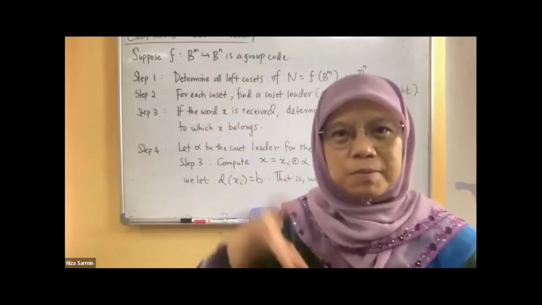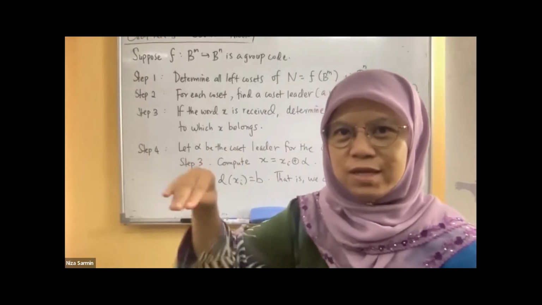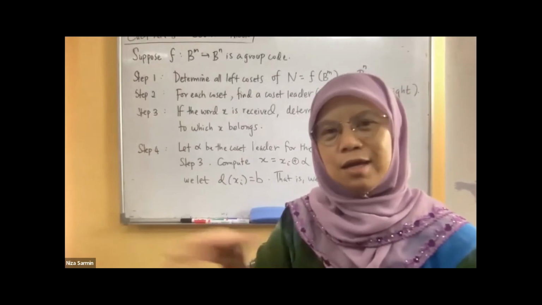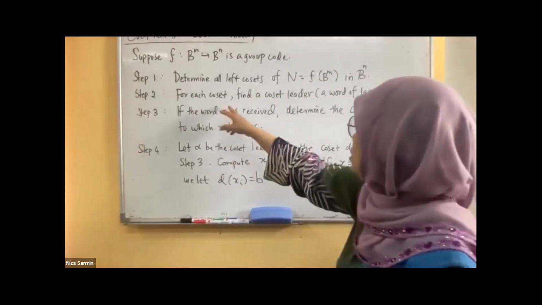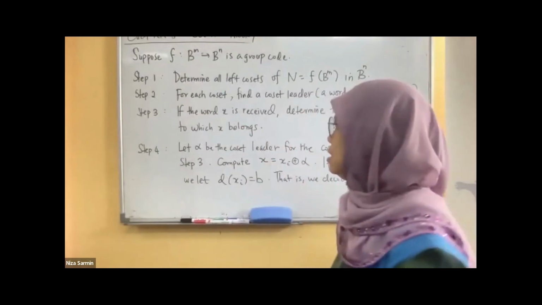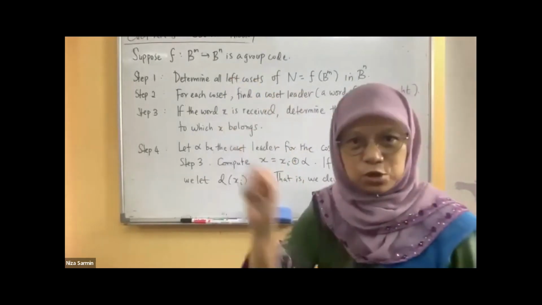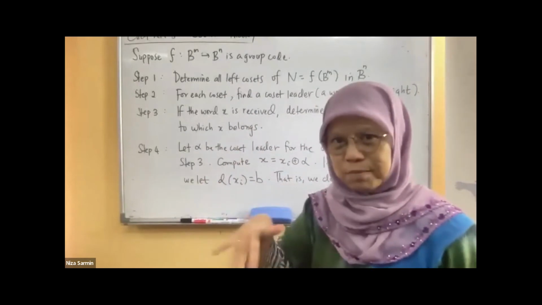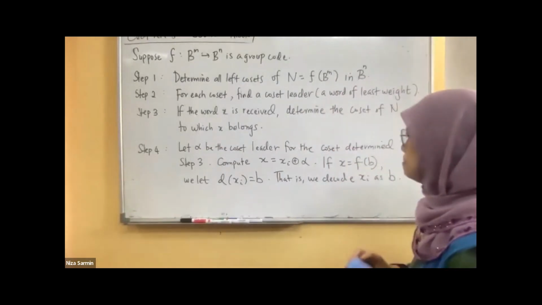If you remember, we take one representative, and then we write out, and whatever is inside there, we cancel from the set, and then take the next one and add until we cover the whole set. That is the coset. For each coset, we find a coset leader. So you will see a coset leader, and then whatever X is received, we want to see which coset it is in our coset partition, and then we will compute this at the end. I will show you.